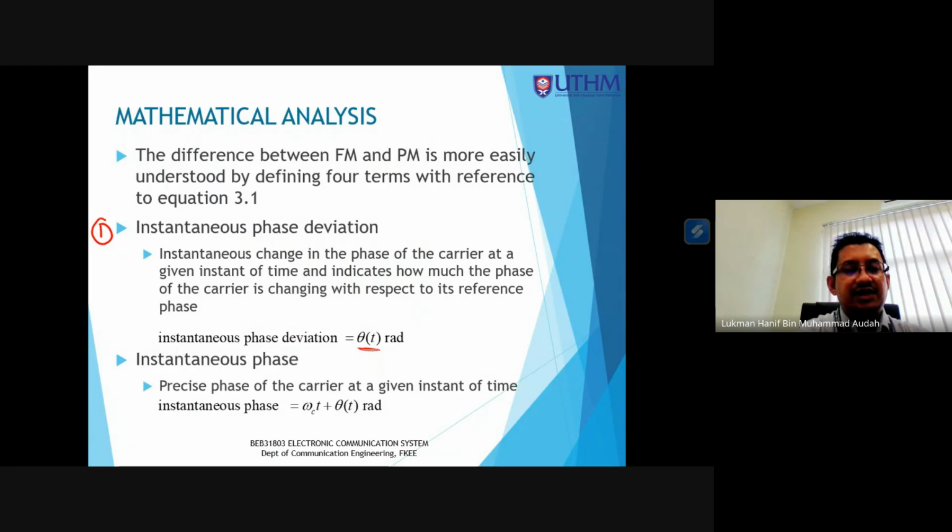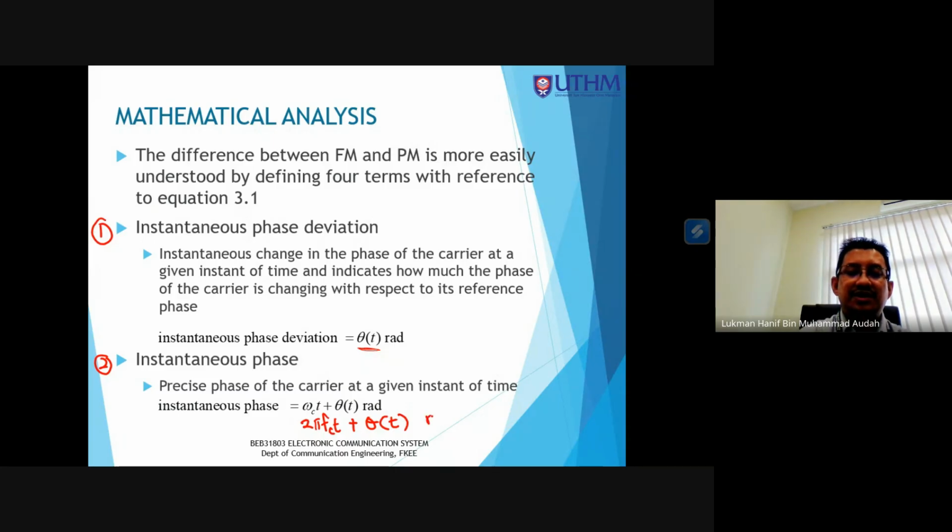The second parameter is the instantaneous phase, which is the precise value of the phase of the carrier at a given instant of time. So it is omega c t plus theta(t), which is actually 2 pi fc t plus theta(t).